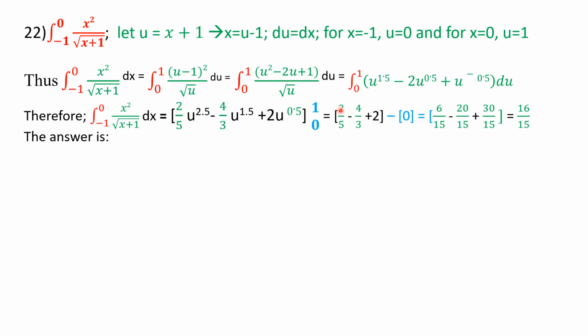It will be 2 divided by 5 minus 4 divided by 3 plus 2. And then when we plug in 0, it's going to be all zeros there, so this will be minus 0.